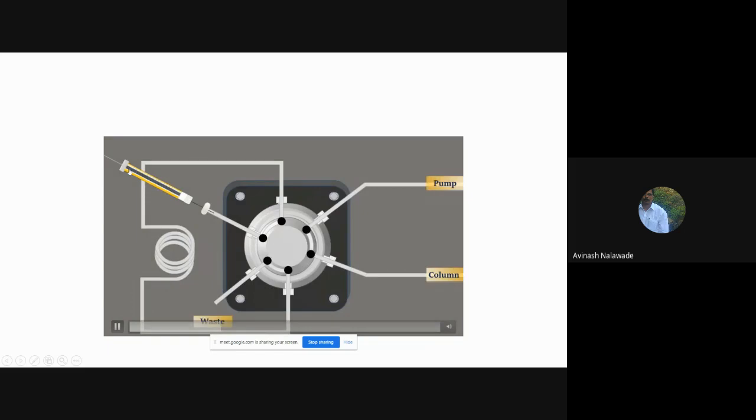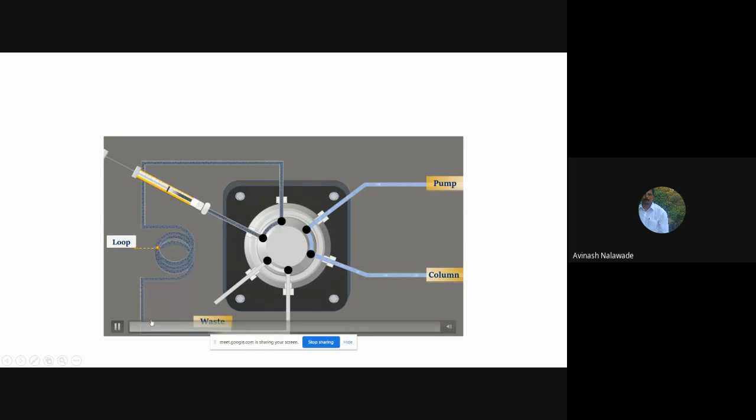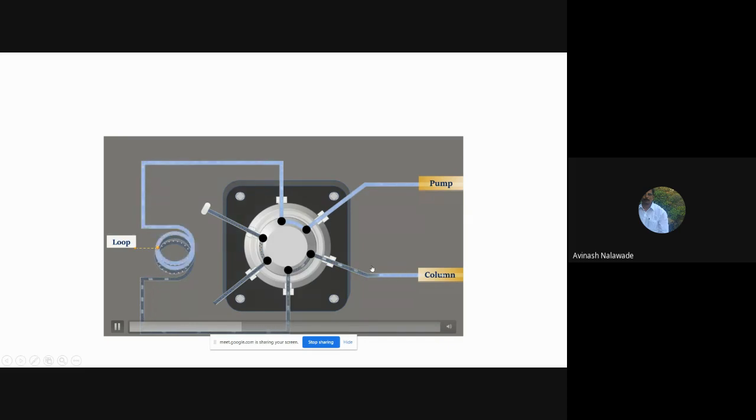This is the injector, the sample is injected by means of a syringe. Okay, here the loop is there. So it moves through the loop, and from this loop it passes into the column with the help of the pump. Okay, so that is about how solvent is pumped by the pump, then mixed in the mixing chamber, and passes through the column.